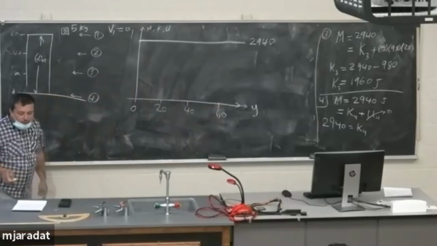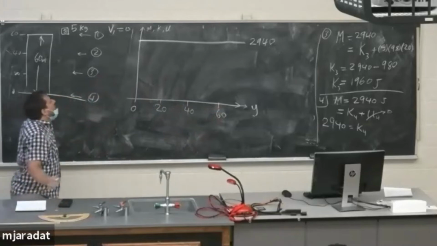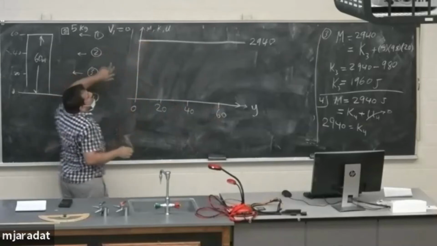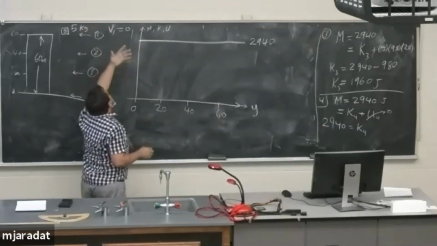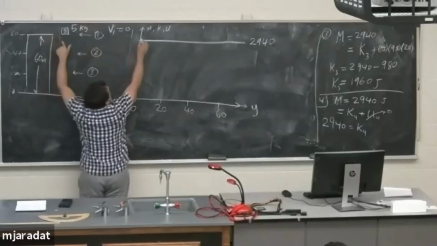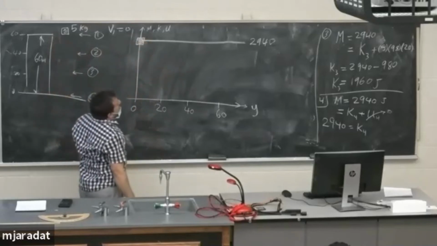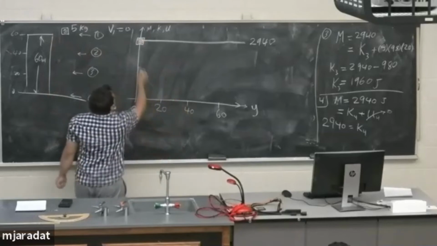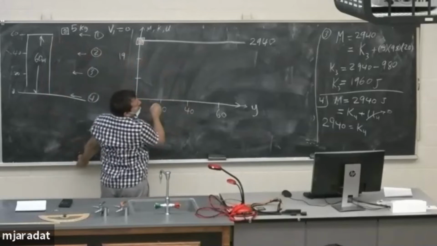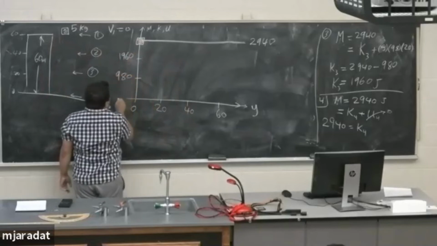At the beginning, now I need to draw the potential energy, and I draw it as a square point. The potential energy, initially, how much was it? Here, it was the maximum value of the energy, which is here, 2,940. And we have the values 1960. And we have 980, right? And we have the 0.